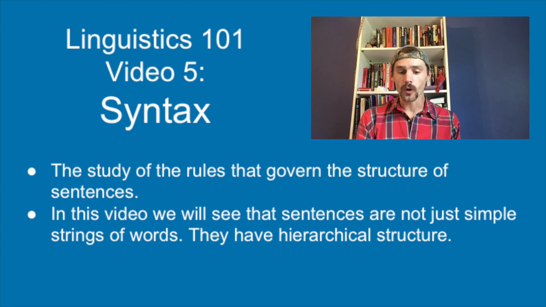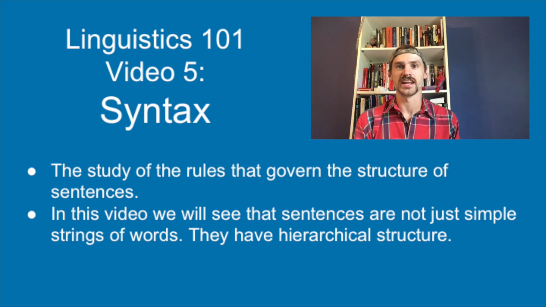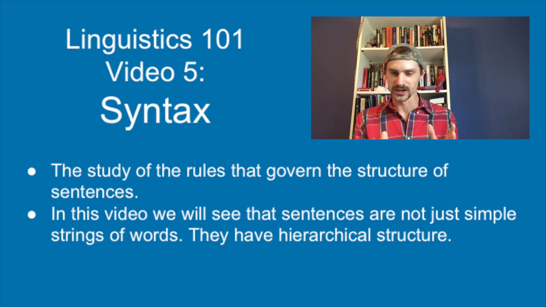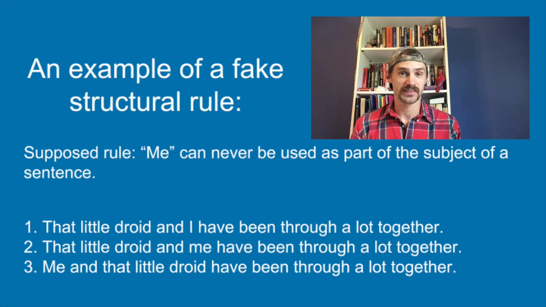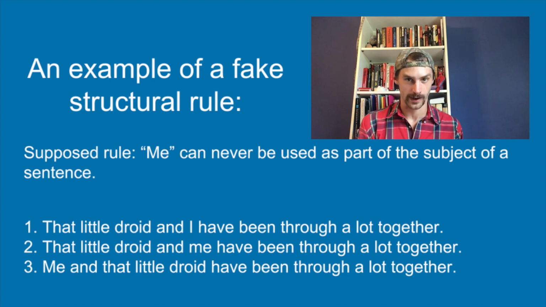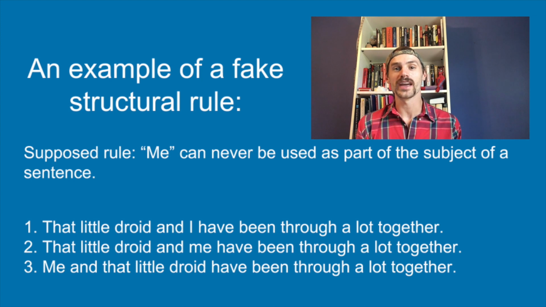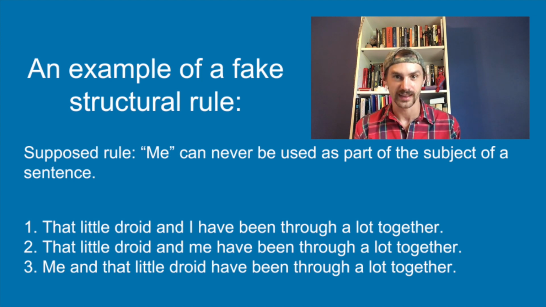Now, before we go on and talk about the study of structural rules, I have to define what I mean by a structural rule, because I think sometimes using the word rule can be a little bit confusing. In my first video about linguistics, I mentioned that linguists don't care about the rules in your grammar books. They study the way that people actually speak and the rules that the people actually follow.